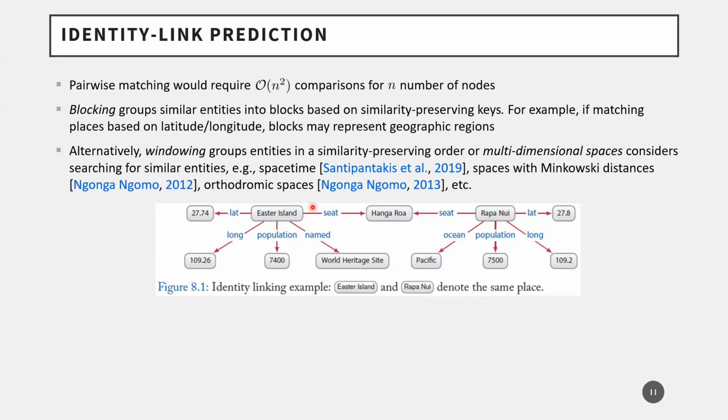For example, if matching places based on latitude and longitude, then blocks may represent geographic regions. Alternatively, windowing groups entities in a similarity-preserving order or in multidimensional spaces. Consider searching for similar entities, for example, in space-time spaces with Minkowski distances, or other metric spaces, etc.